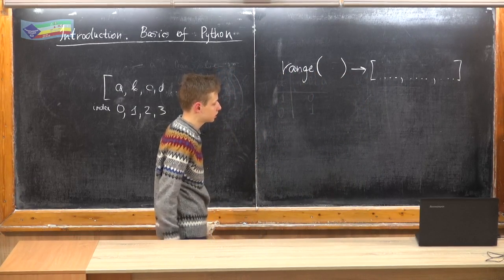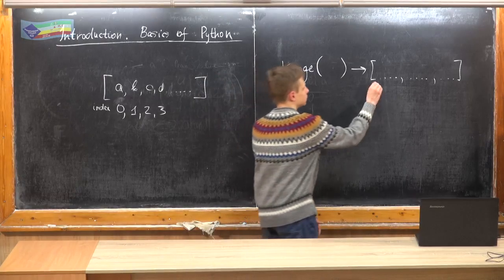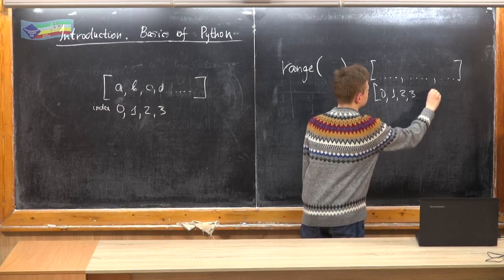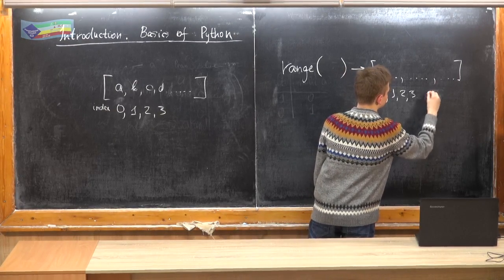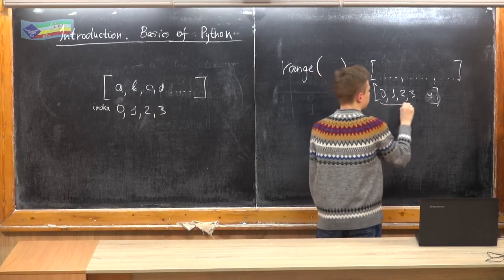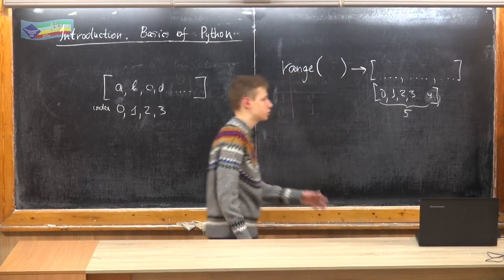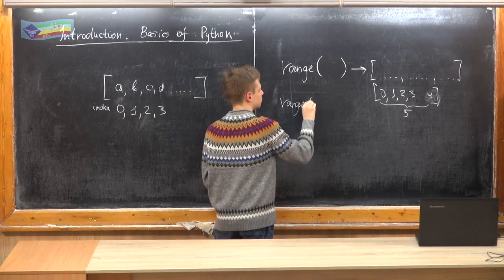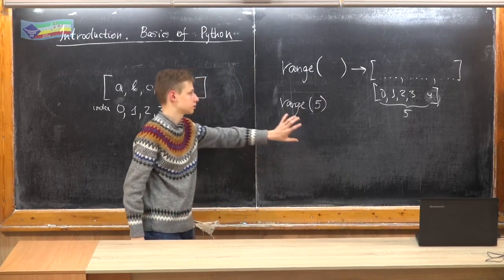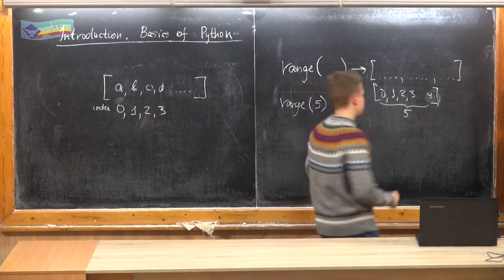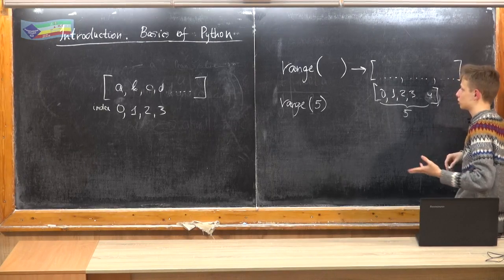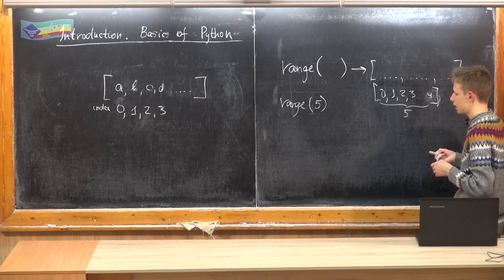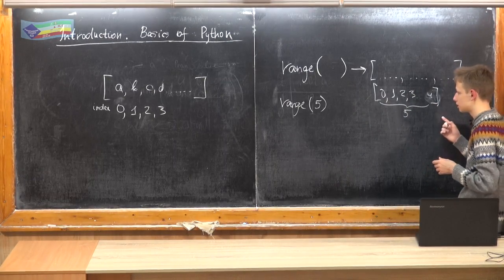For example, you want to get the list 0, 1, 2, 3 and 4. You have 5 elements here. This is the most basic use of range, and you just write range 5. That means that this list will start from 0 and it will have 5 elements. Or alternatively, it will stop at number 5, and it won't be included in that list.